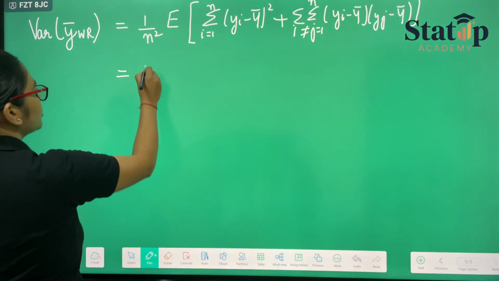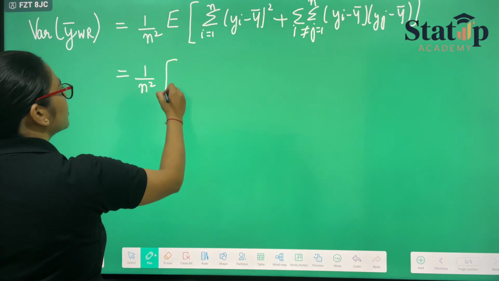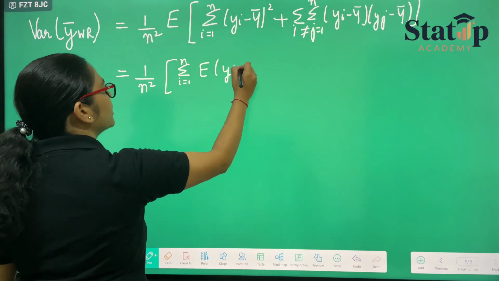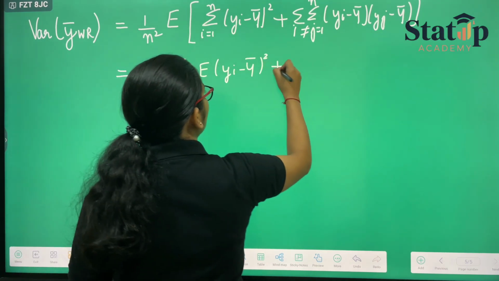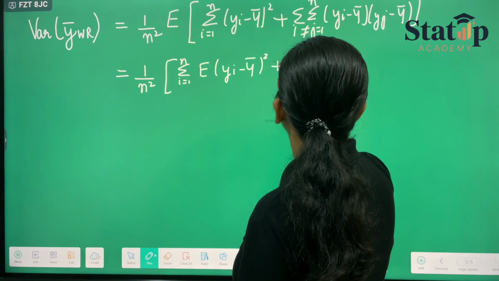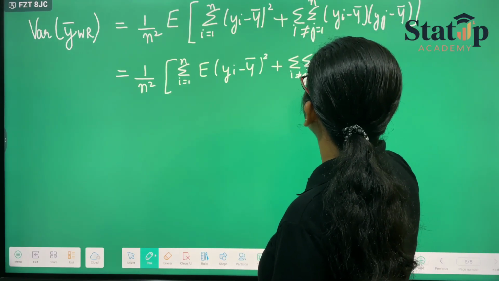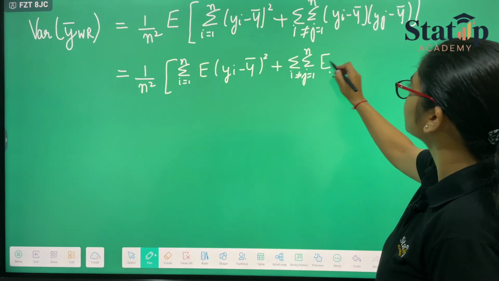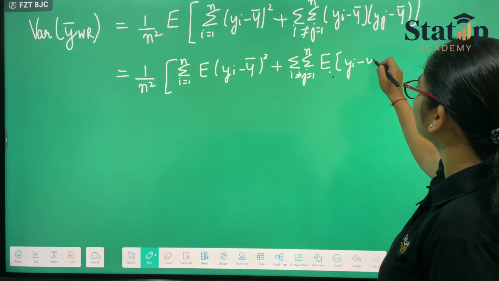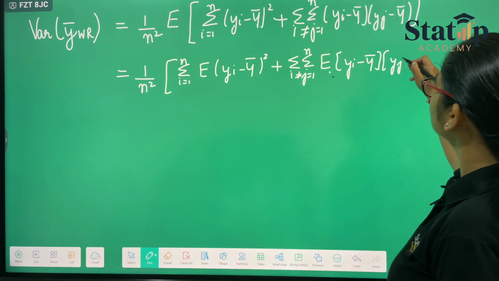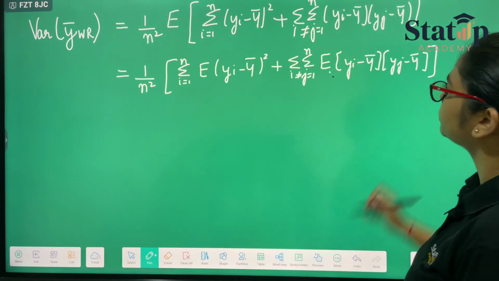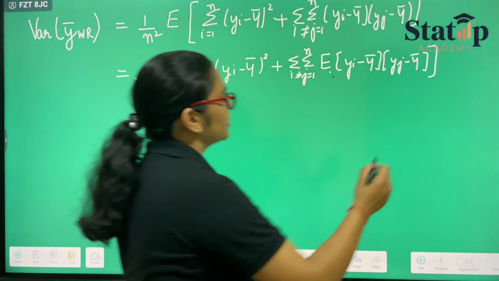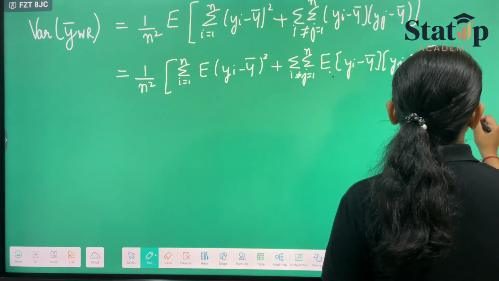Now taking the estimation inside, we are left with 1 upon n square summation i goes from 1 to n estimation of yi minus y bar whole square plus summation i not equal to j goes from 1 to small n estimation of yi minus y bar yj minus y bar. Let us consider this as equation number 1.